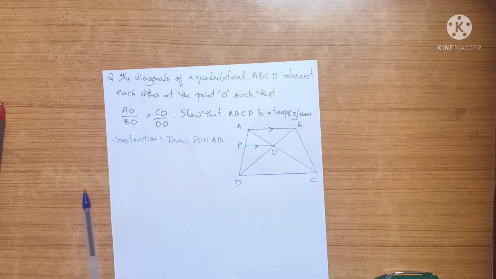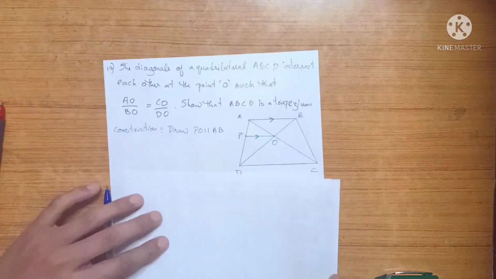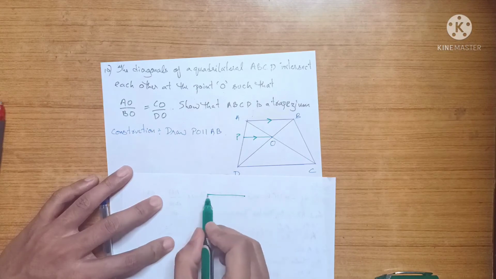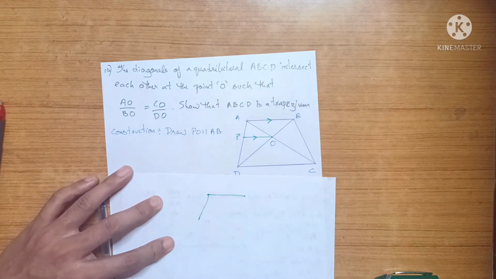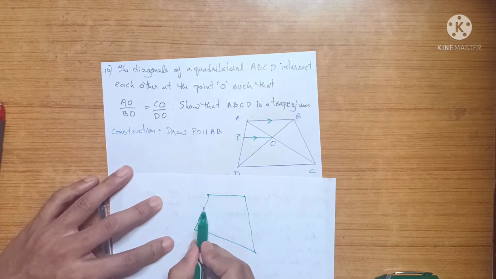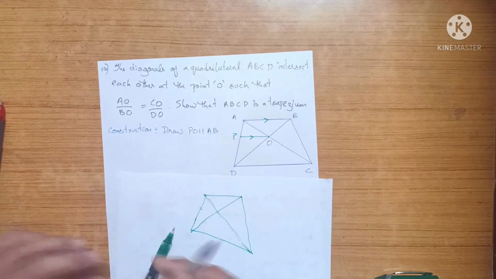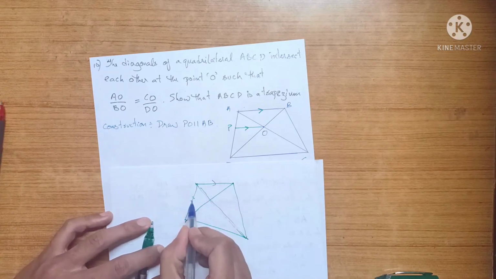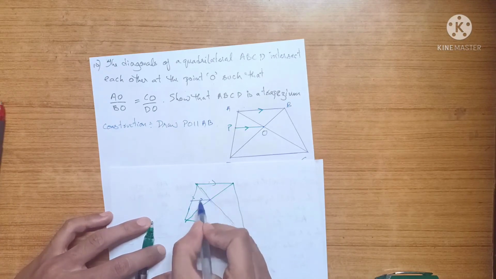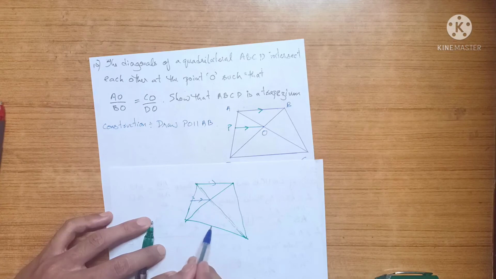From what we know, this figure might even be something like this. Just because I drew it like this, don't get confused. It might be like this also. This is also a four-sided figure. If I draw a diagonal, and a line parallel to this, it doesn't mean that this and this will be parallel.